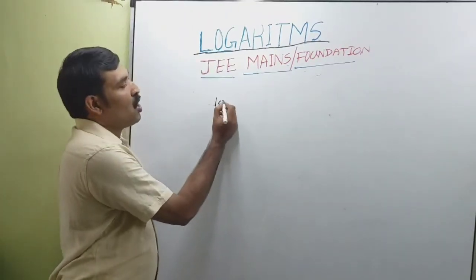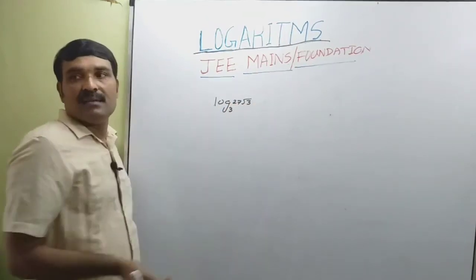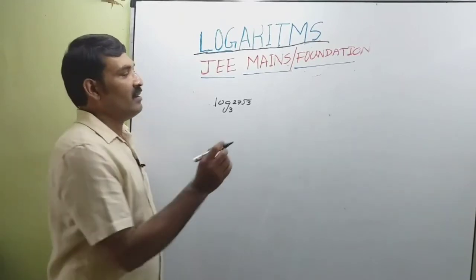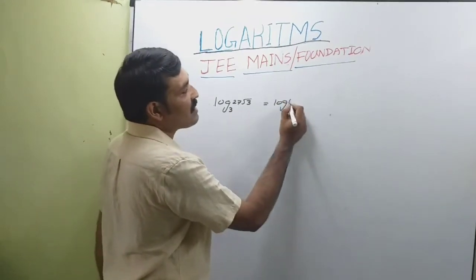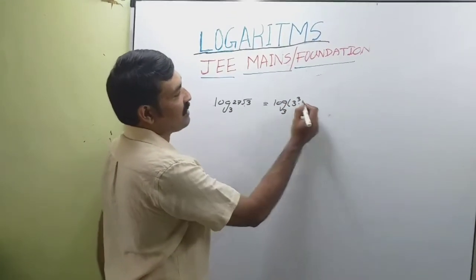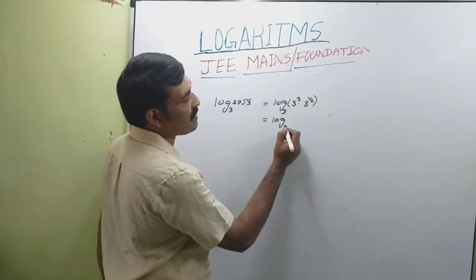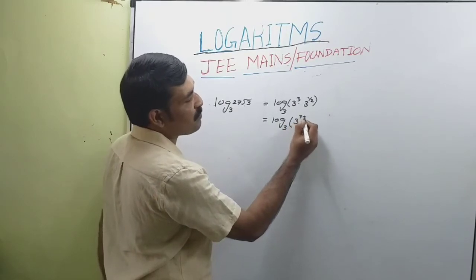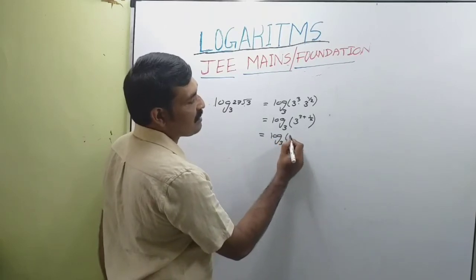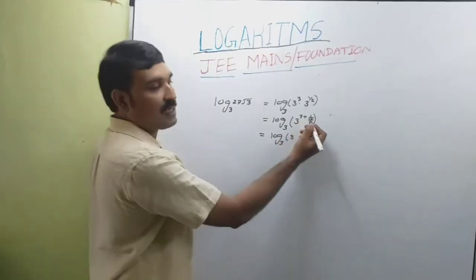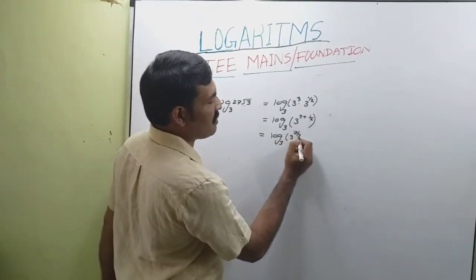Now log of 27 root 3 to the base 3. So this is similar to the previous question. We can write this as log base 3 of 27, which is 3 cubed, into root 3, that is 3 raised to 1 by 2. So this is equal to log base 3 of 3 raised to 3 plus 1 by 2. Taking the LCM, 3 plus 1 by 2 is equal to 7 by 2.